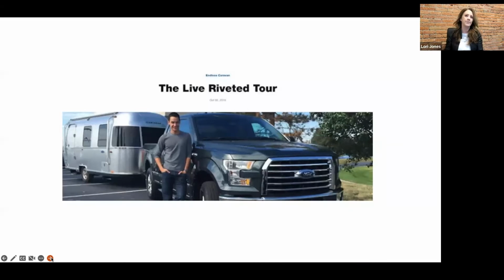This is a great campaign that focused on that Airstream. And they call this campaign the Live Riveted Tour. And what they've done is focused on quality, image, and community. They are expensive. Prices could be a point of parity or differentiation, by the way.